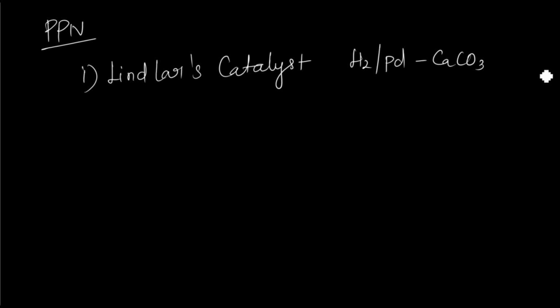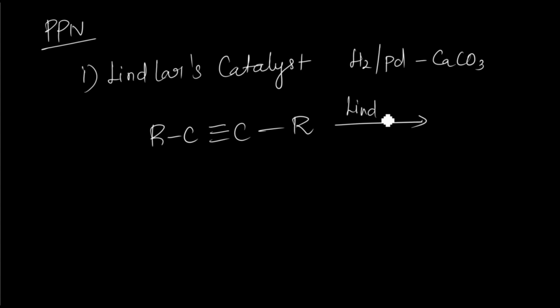So hydrogenation happens: R, C triple bond C, R, with Lindlar catalyst, will give you R, CH double bond CH, R. Please remember, this is giving us the cis product. So the cis product can be obtained from this catalyst.